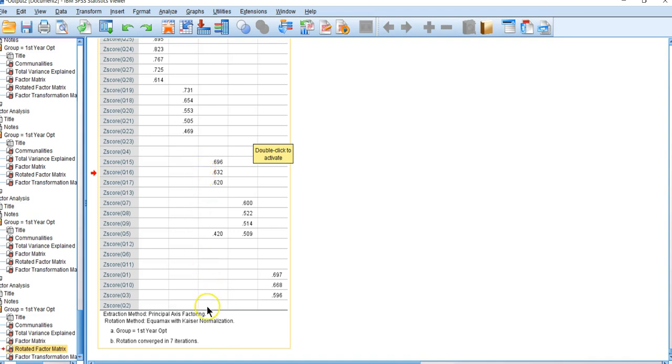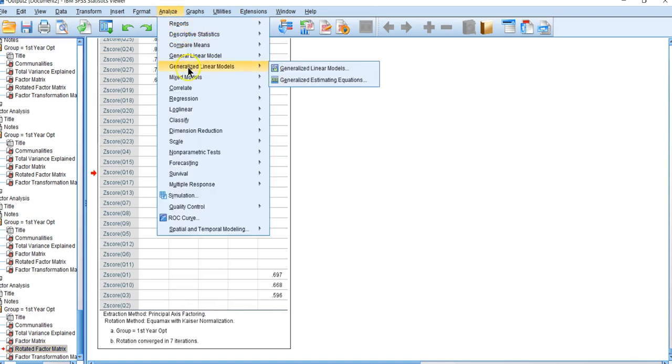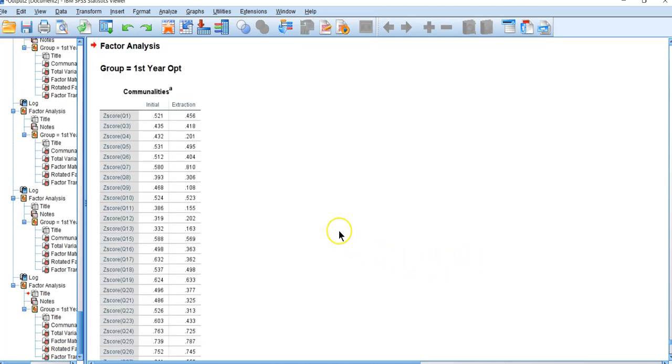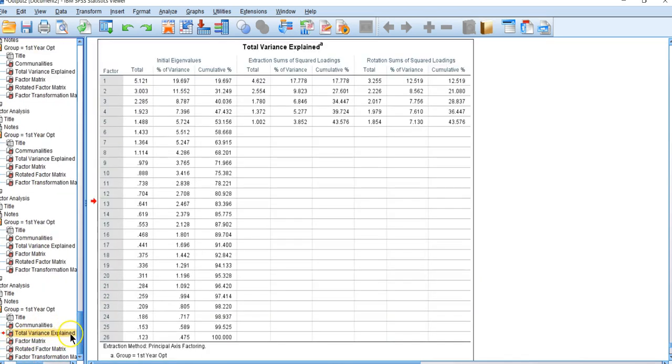So let's look at this. Let's get rid of question number 2. And how did that affect our total variance? Ooh, we're right on the edge there. Probably may want to reduce it to 4 factors.